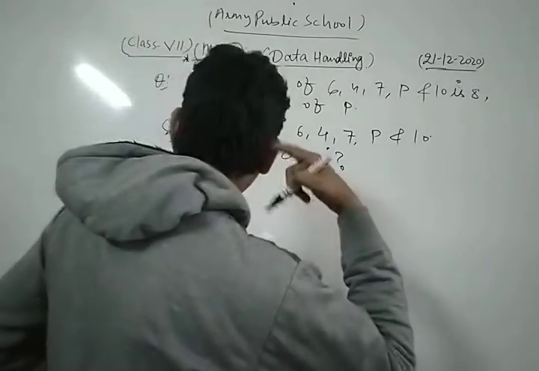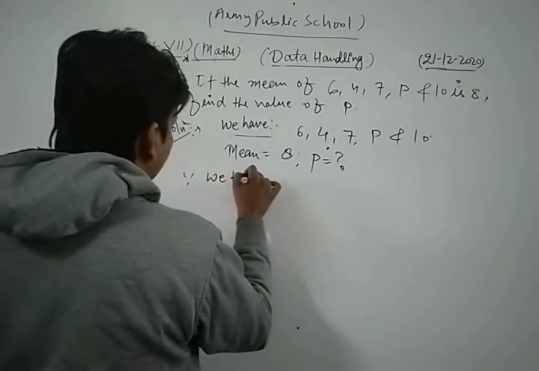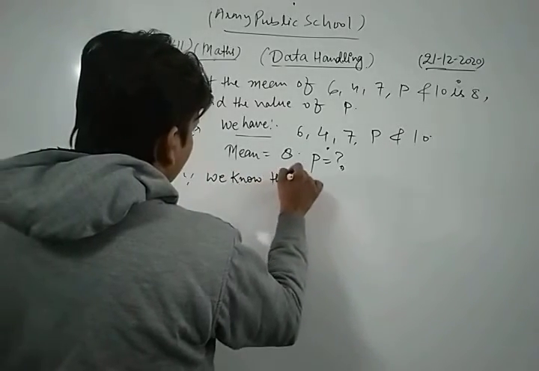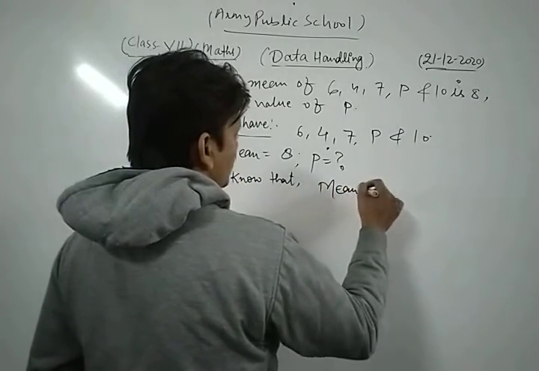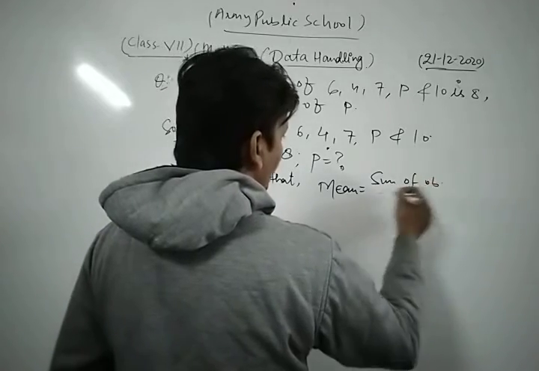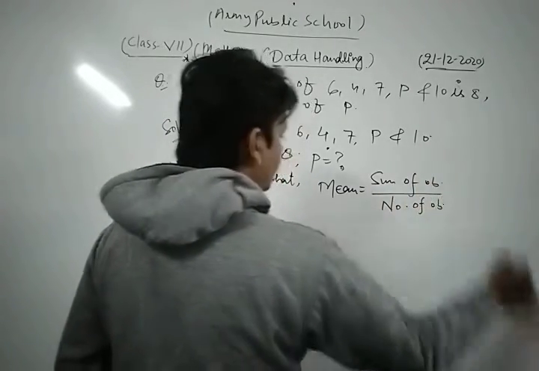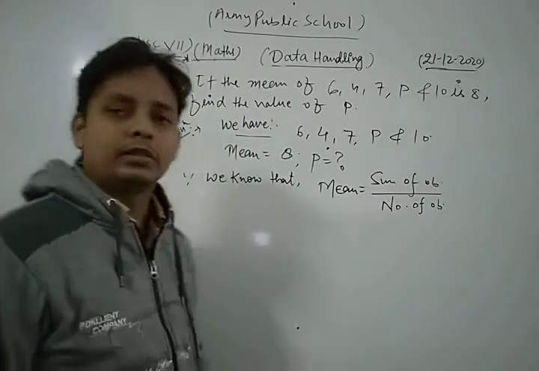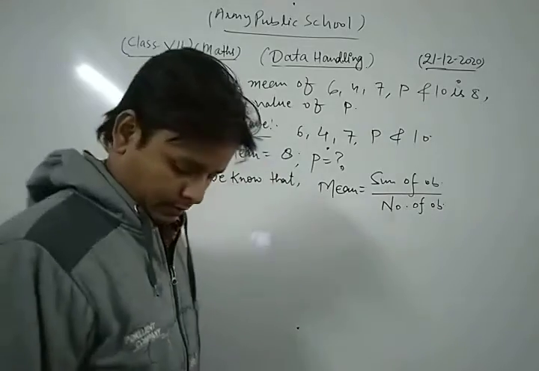Now we apply the formula for mean. Since we know that, dear student, mean is equal to the sum of observations divided by the number of observations.